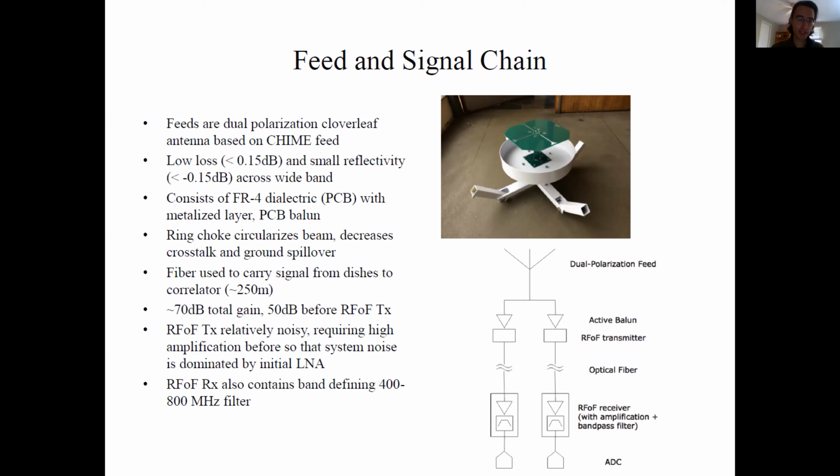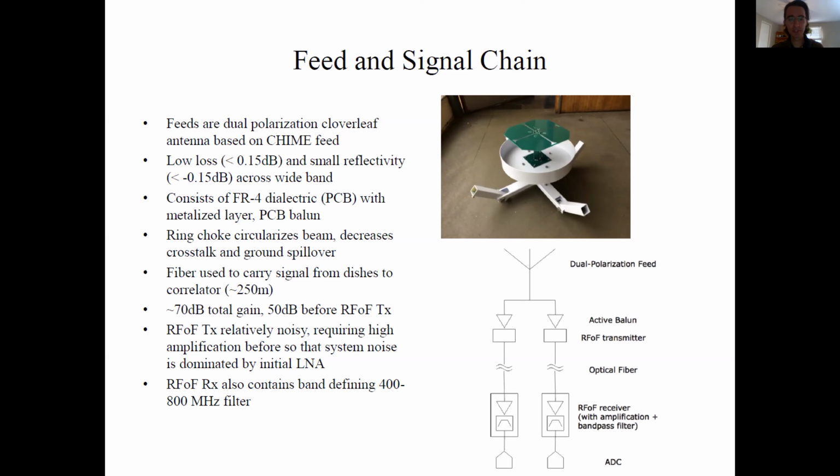They're made of FR4, just circuit board material with a metallized layer to keep the cost down. And they have this kind of ring choke, it's not actually a choke, this ring can structure behind them to help circularize the beam.